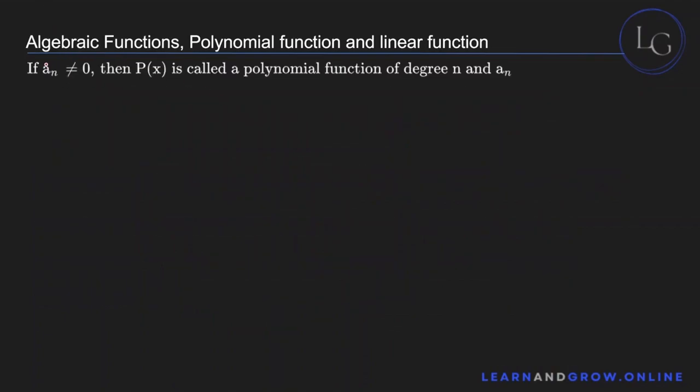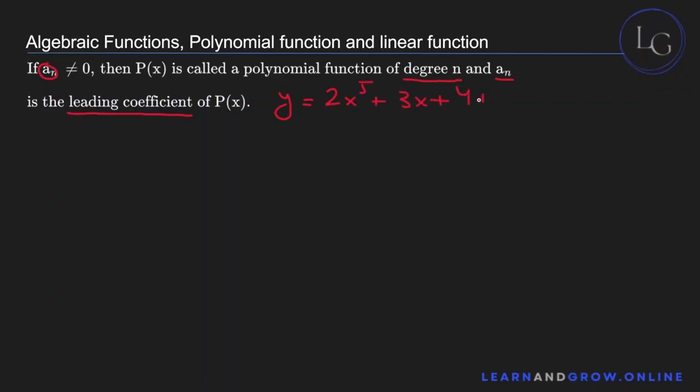If a_n is not equal to 0, which means a_n is the first term in a polynomial function, the first coefficient, it is a polynomial function of degree n, and a_n is the leading coefficient, right? So a_n is the coefficient whose variable has the highest power. So for example, if you have a function y equals 2x to the power 5 plus 3x plus 4 plus 2x squared.